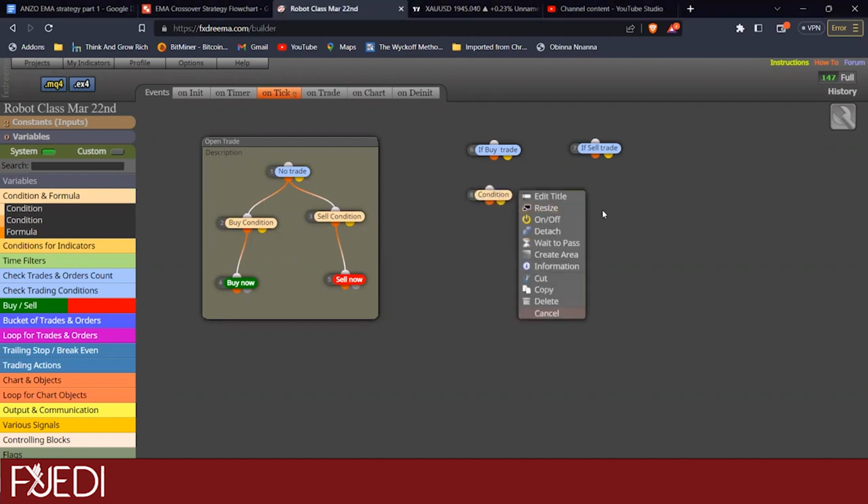So let's rename this to close buy. You can name it anything you want, just so that you can understand what you're trying to do. So close buy condition. What do we want to do? We'll go and define it here again, explain our condition. So double click on that, and it opens up.